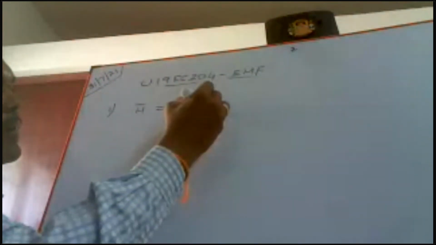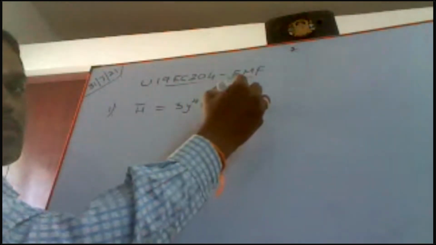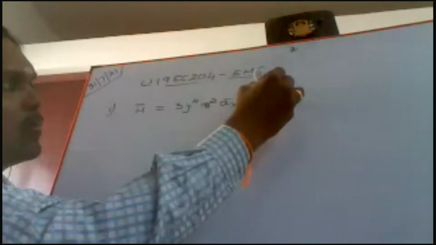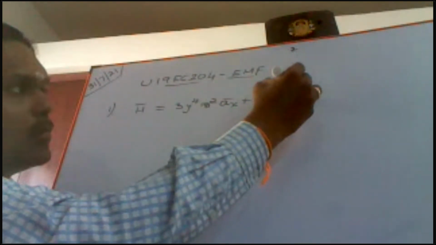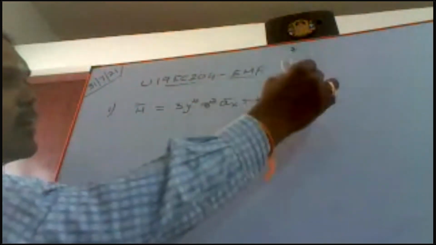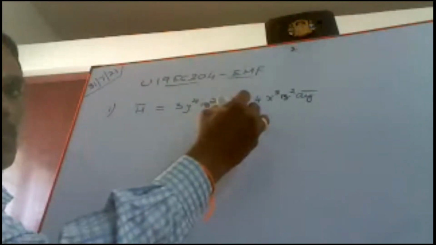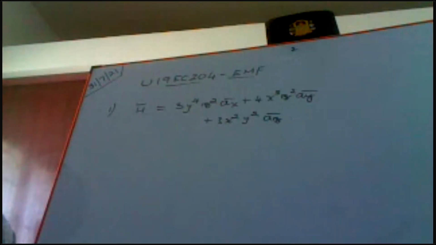So I will write the question, no issues. The H vector is given as, I will write the vector first, then I will come to you. Is it okay now, the board?